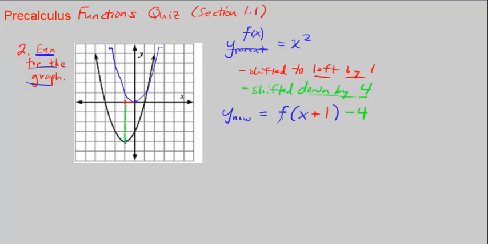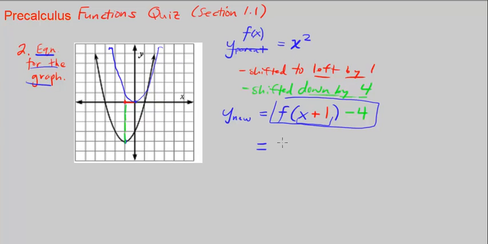Okay? So this is our new function that is graphed right here. It's basically our parabola shifted to the left by 1 and down by 4. Okay, and that's how we do it. Well, then let's plug this in. So if our function is x squared, that just means that we take the argument x plus 1 and plug it into x.